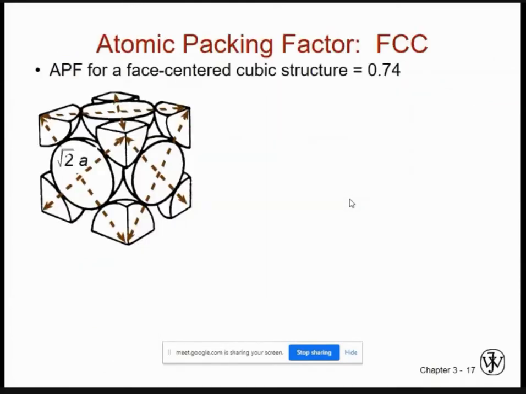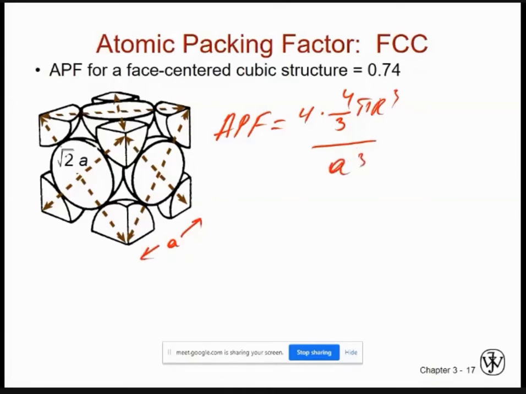Let's see the atomic packing factor for FCC. Our equation was equal to the volume of atoms, I had 4 atoms in the unit cell, so 4 times 4/3 pi R cubed, over, if this side is a, it will be a cubed. Now I have to create a relationship between radius and this side a. If you see, these face atoms touch each other in this manner.